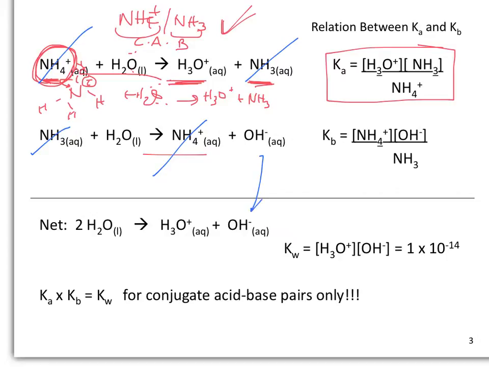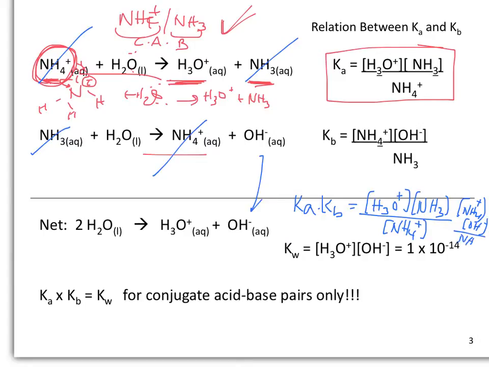Turns out that if you add two equations, their Ka and Kb must be multiplied. And so if you look at Ka times Kb, you would be able to say hydronium times ammonia divided by ammonium, times ammonium times hydroxide divided by ammonia.